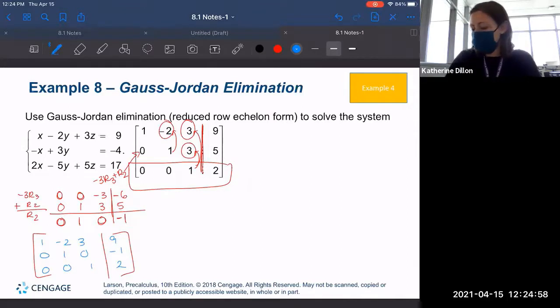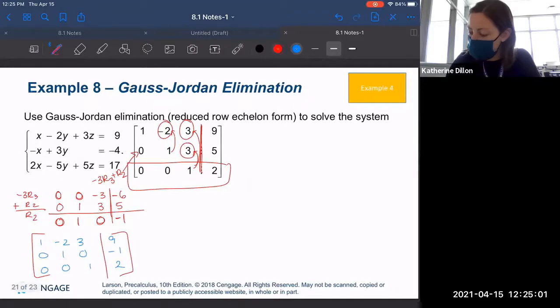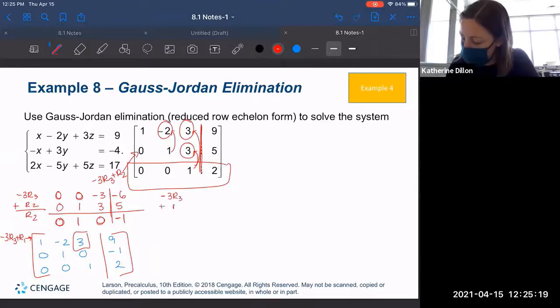Okay. Let's take row 3 again and use it to eliminate this 3 up here. So if I take -3 row 3 and add it to row 1, I'll get a 0 in that spot. So I'll have -3 row 3 plus row 1, and that's going to be my new row 1. -3 row 3 is the same as it was before.